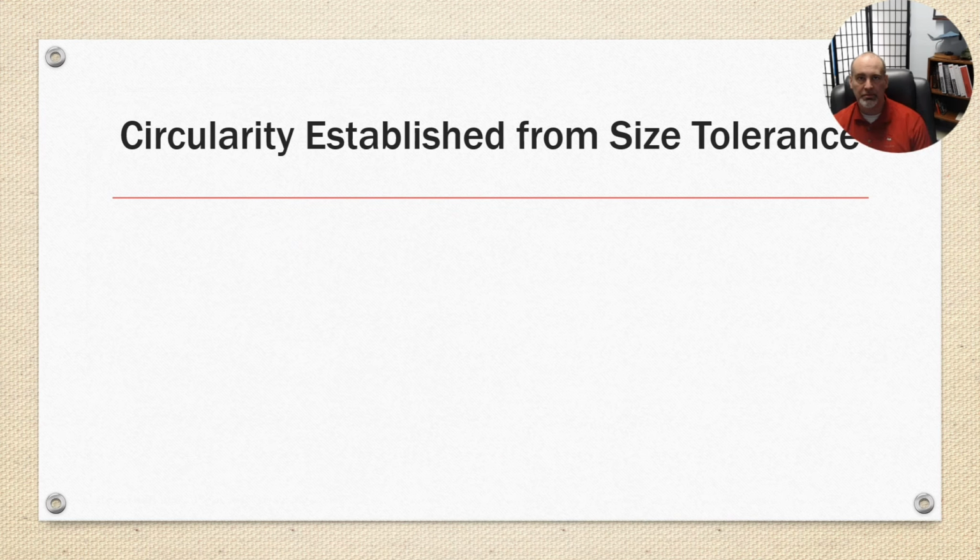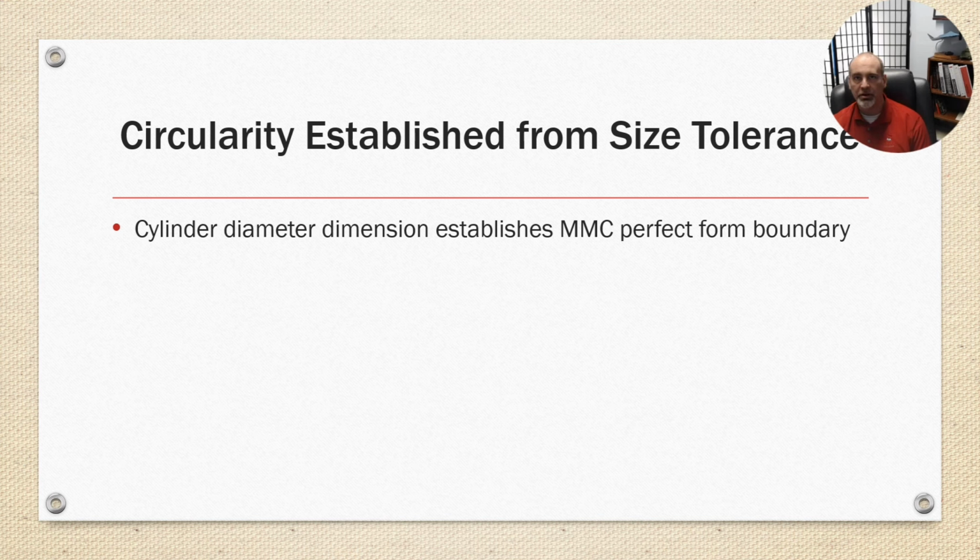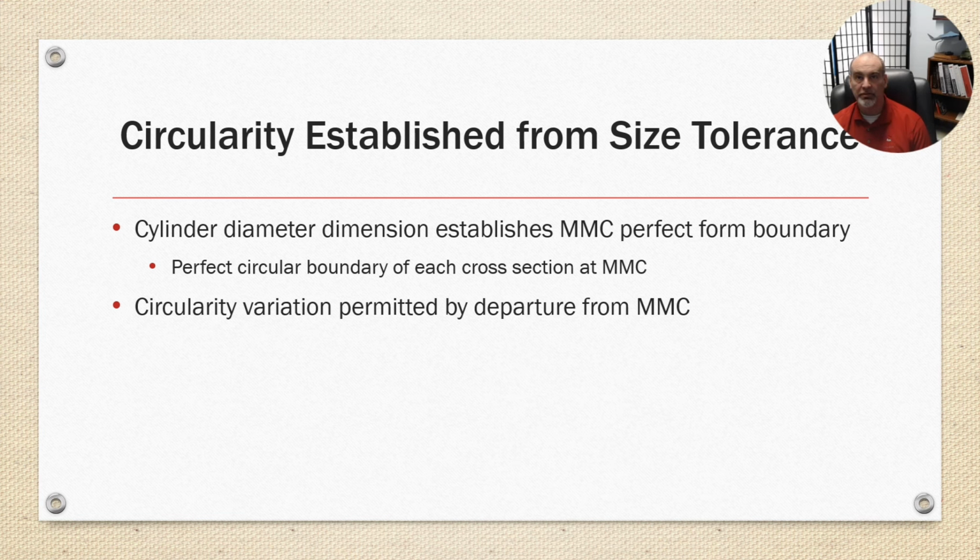Cylindricity establishes from size tolerance. So the cylinder diameter dimension establishes maximum material condition, perfect form boundary. And the perfect circular boundary of each cross-section at MMC. And the circularity variation permitted by departure from maximum material condition.